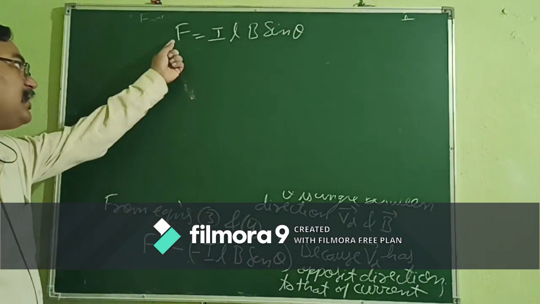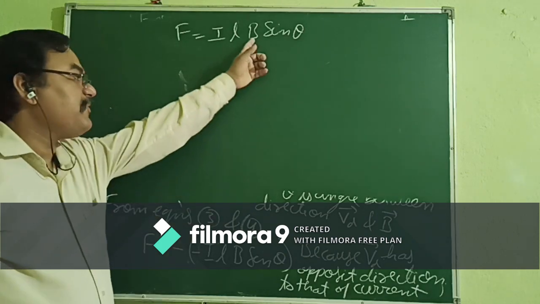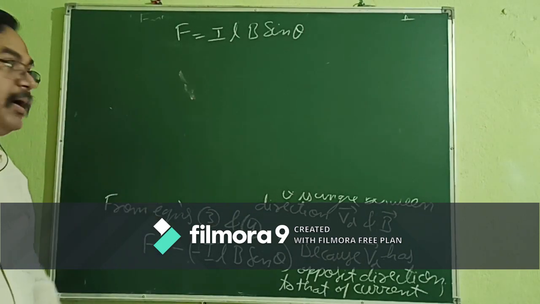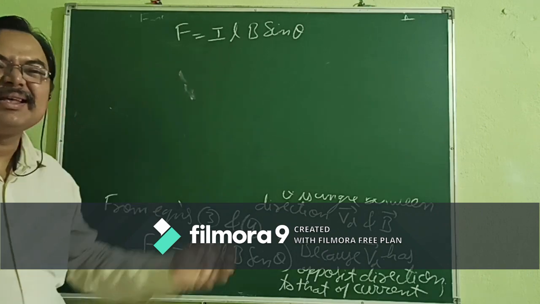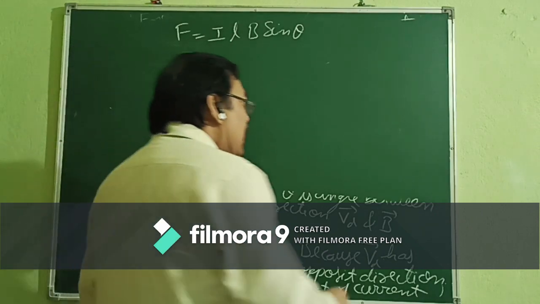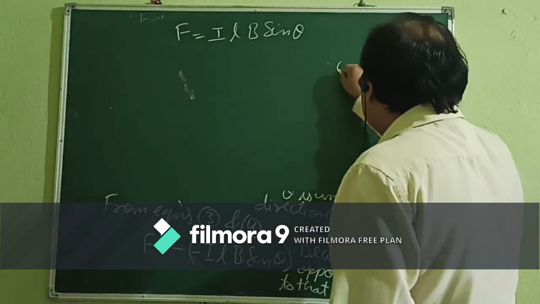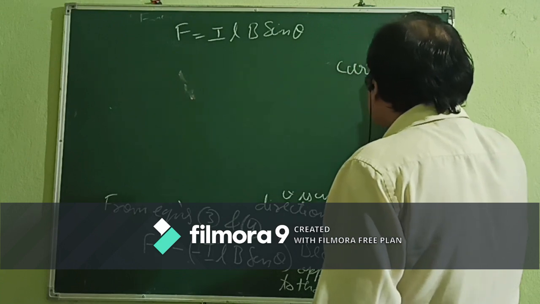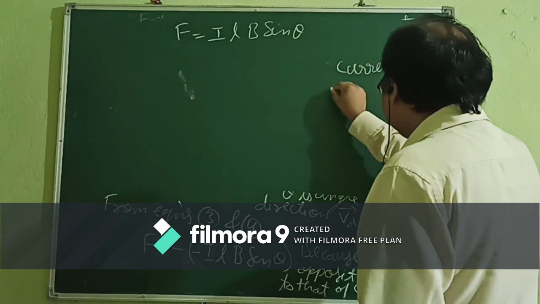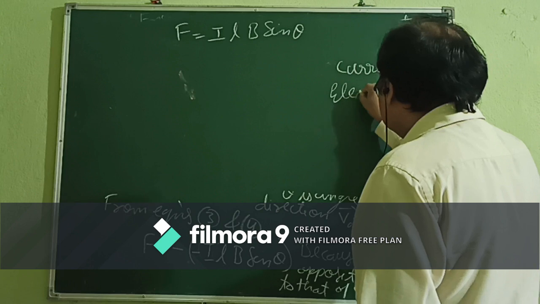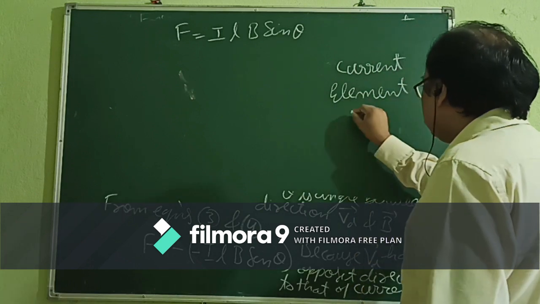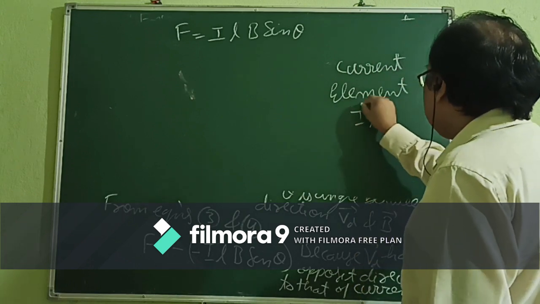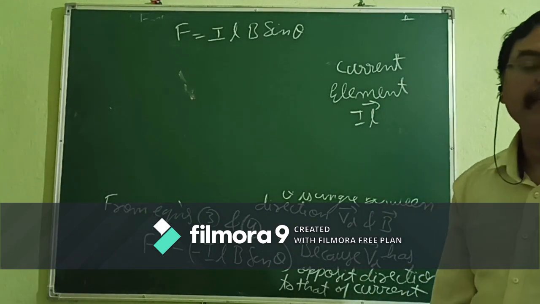Now see, F is a vector quantity, B is a vector quantity. And what about this? Is this a scalar quantity? No. Actually we call it current element. That is I L. This is a vector.